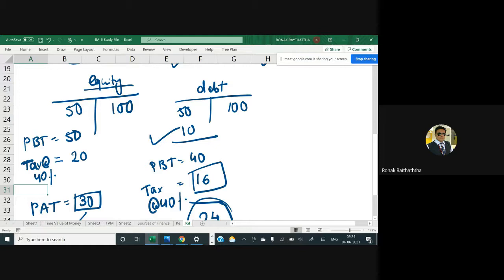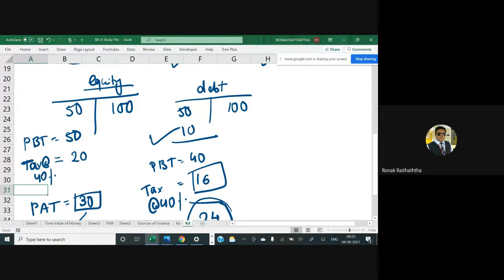Because ultimately, by charging it as an expense, you make some savings in the tax. That savings should be reduced from the cost of debt so that you arrive at the actual cost of debt after the taxation effect.